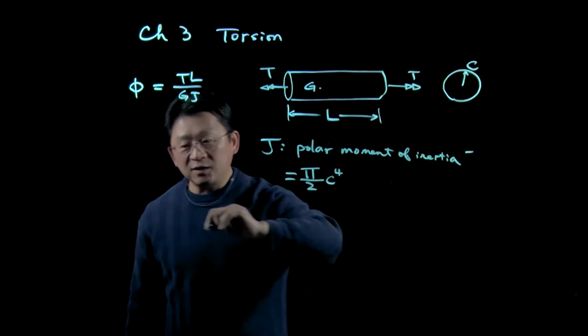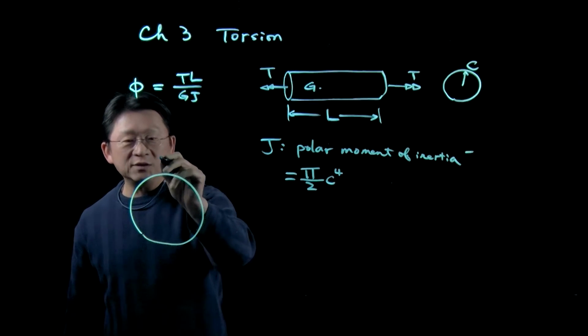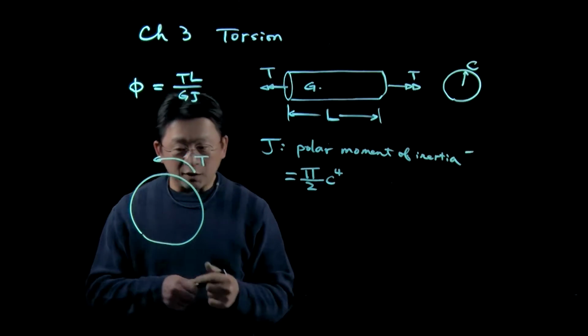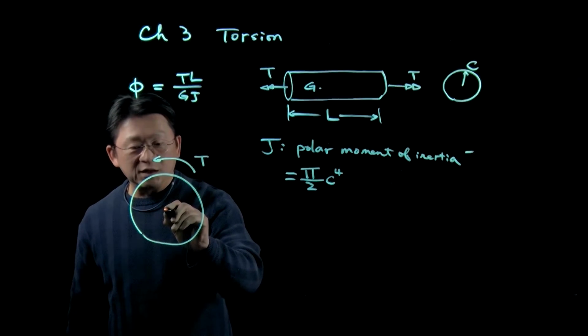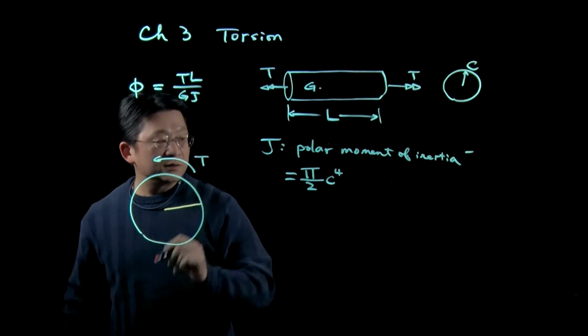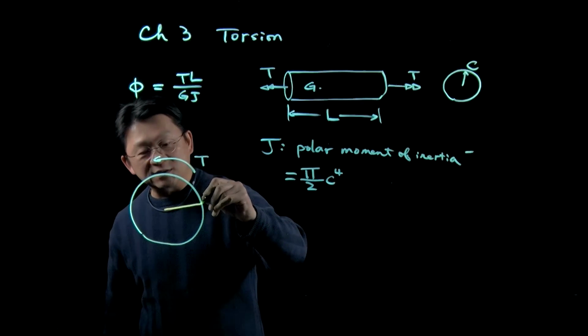The other important thing is, if this is a cross-section under torsion, the distribution of the shear stress is this. If we select an arbitrary radial segment, the distribution of the shear stress is this one.